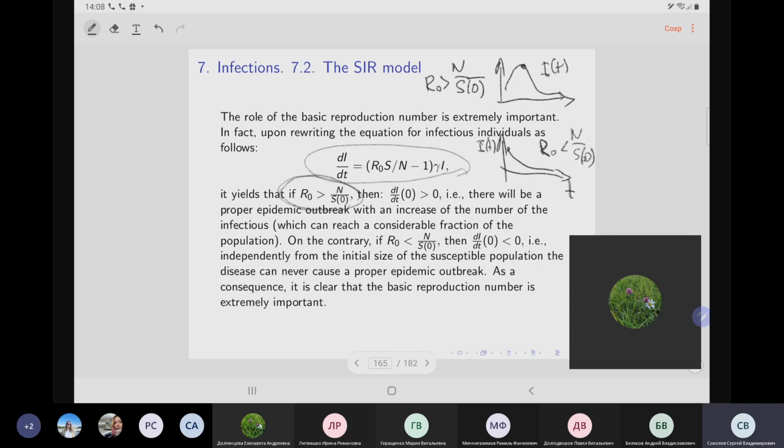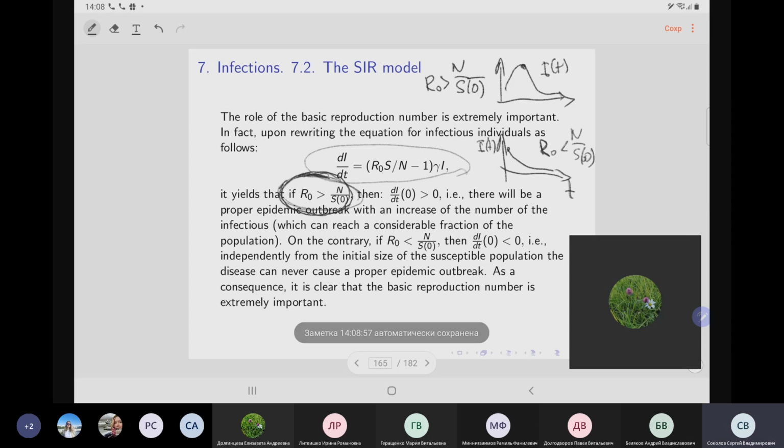It's not that easy to understand, because usually we are trying to decrease the number of infected, but it doesn't give us the proper result, because we see that the epidemic outbreak does not depend on the number of infected.